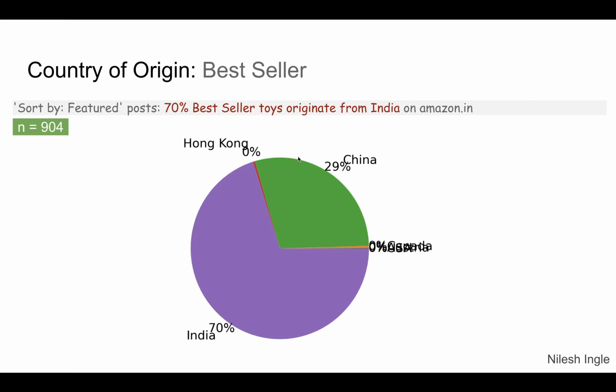So if we look at just bestsellers, again the proportion stays the same. 70% is from India, and then 30% is imported. So among that, 29% of the bestseller items that are listed on Amazon.in are imported from China. Then a fraction of that remaining fraction is imported from Hong Kong and other countries as shown here.